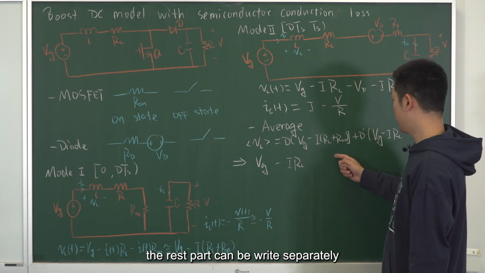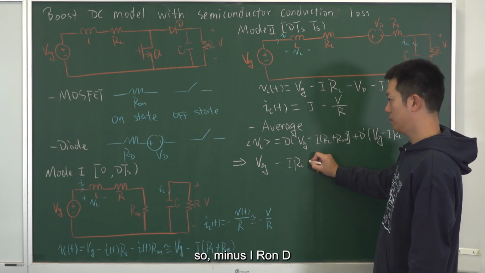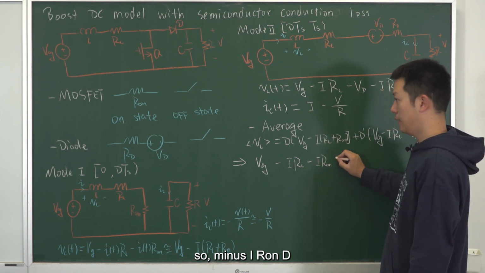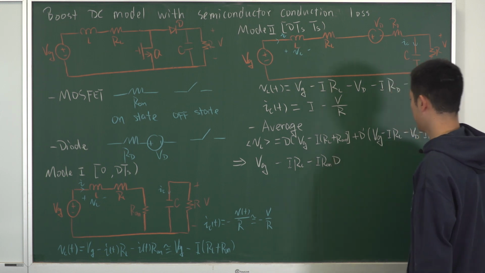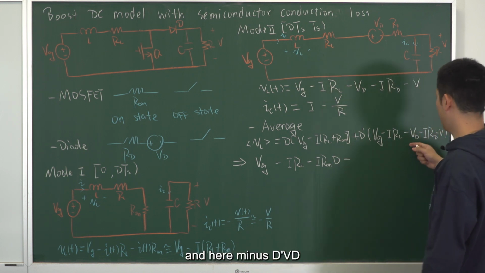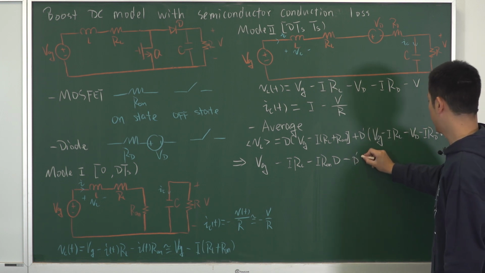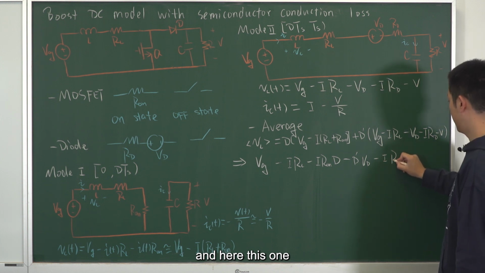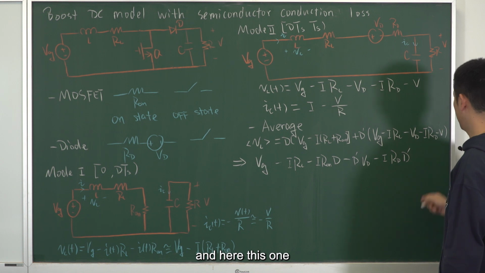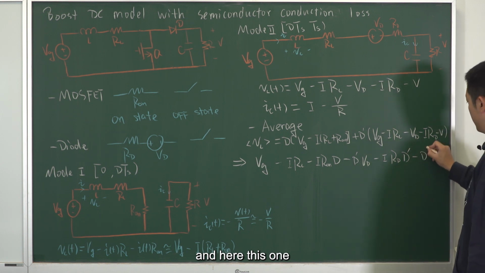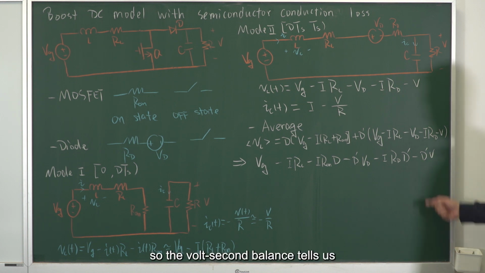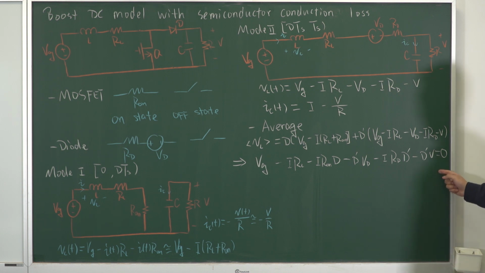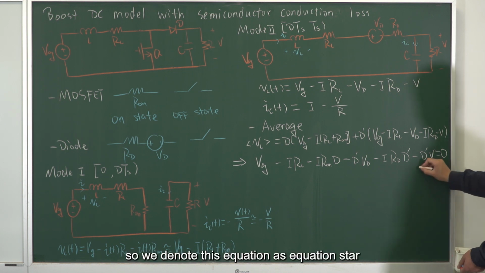The rest can be written separately: minus I R on D, and minus D prime VD, and the remaining terms here. The volt-second balance tells us that this quantity equals 0. We denote this equation as equation star.